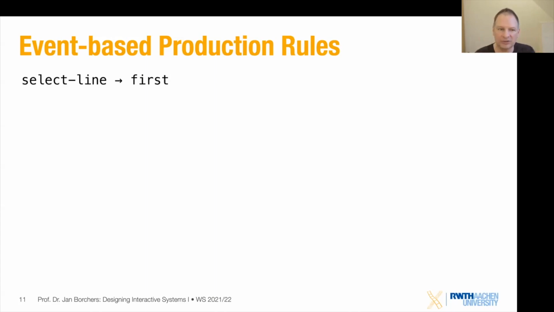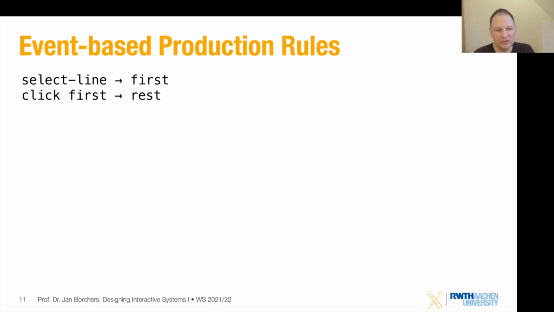But we're not talking about that part. We're just talking about the internal management of state in the production rule system. So we've now created internally a first token that we remember. We say, okay, we are in the state of potentially setting the first point of the line, right? That's what this token represents. We're in a state. And in production rules, you need to make these tokens explicit.